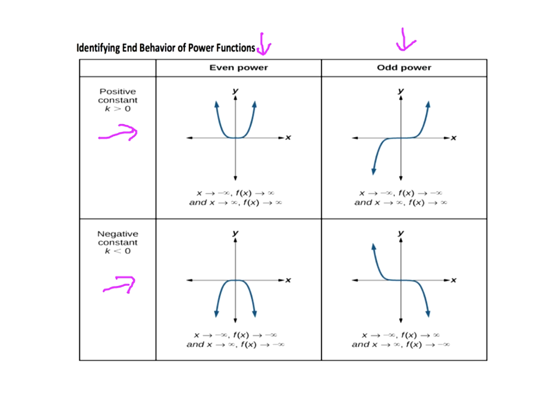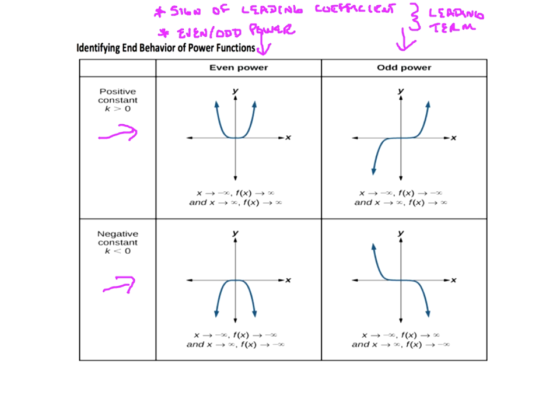It is the sign of the leading coefficient, and the even or oddness of the power itself. So I would always call this the leading term test. Your book doesn't name it, and that's okay.